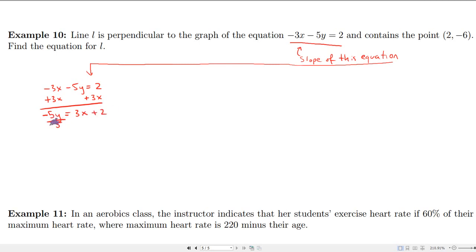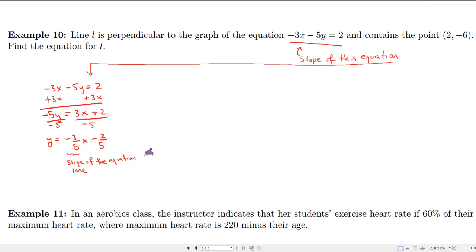Divide both sides by negative 5. And we have y is equal to negative 3/5 x minus 2/5, right? So separating this, this right here is the slope of the line described by that equation.